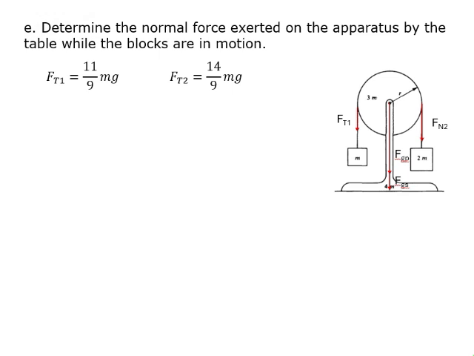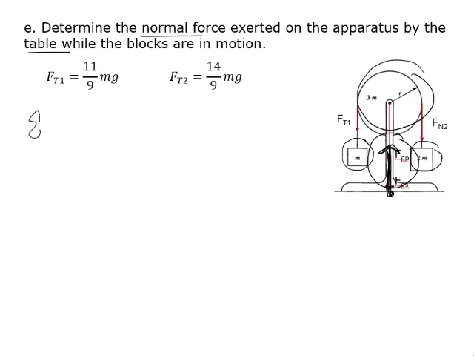For the last part, we're looking at the normal force associated with the apparatus by the table while the blocks are in motion. So what we're really looking at is the masses of all the components: each mass, the pulley itself, and the stand. So what normal force would exist to support those in the opposite direction?